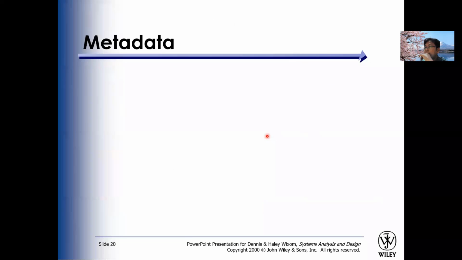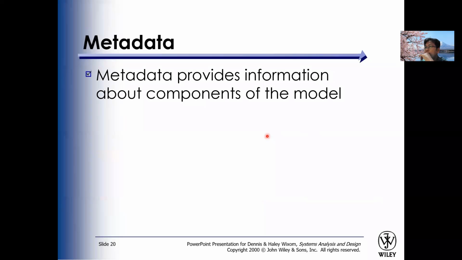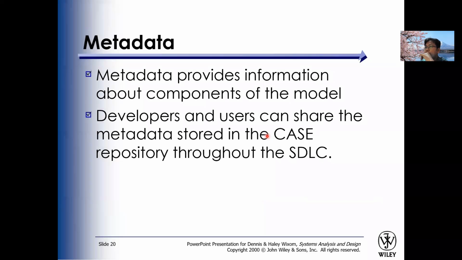I think this is more advanced. The metadata is information about the components of the model. This is important for the programmer or analyst. For example, a programmer creates the student information system in President University, and then they store the metadata, or create it using the report or the repository.